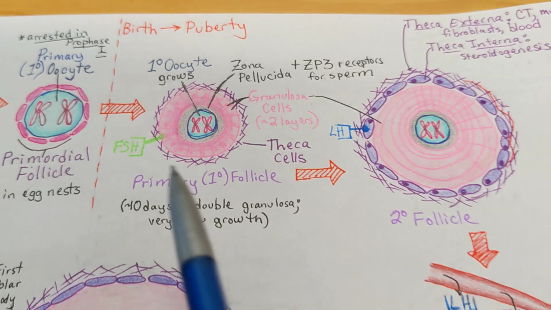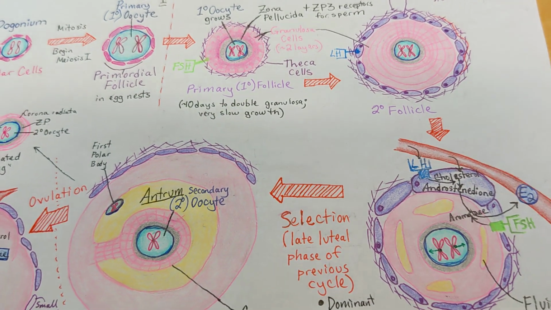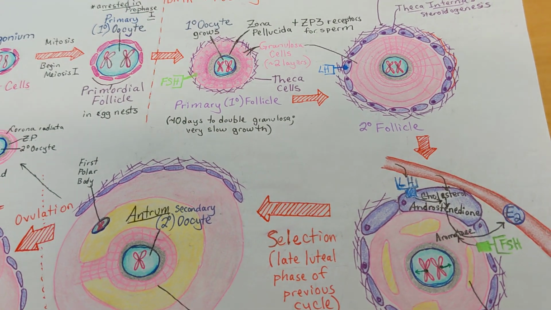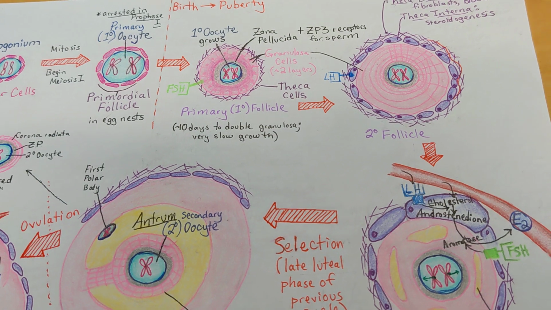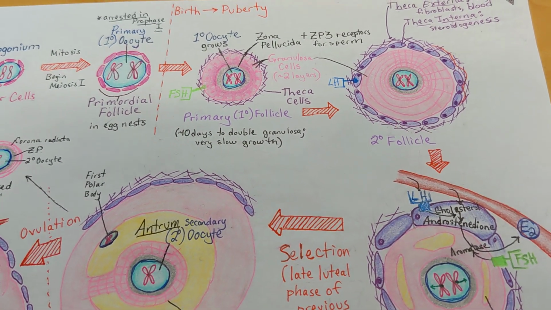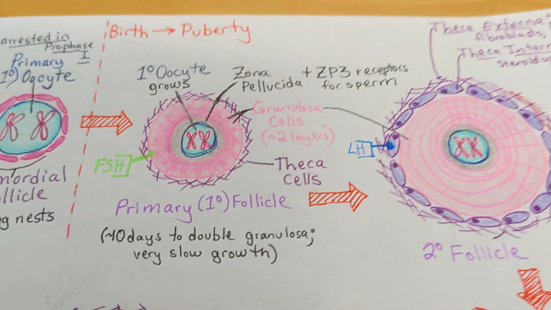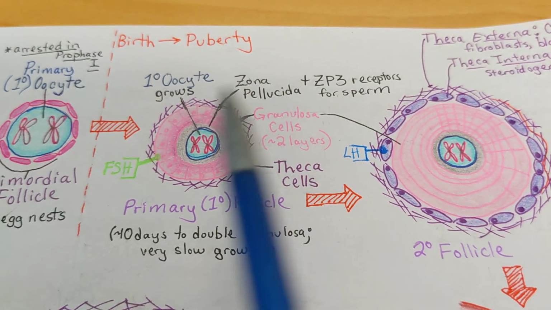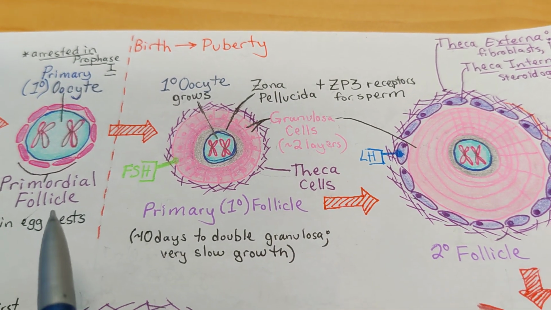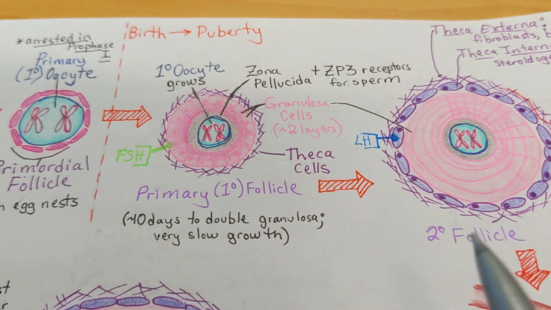Now, keep in mind that all of these different stages actually take quite a long time. So this takes months, even though we are going to abbreviate it and think about what is happening in each and every menstrual or ovarian cycle. So every month, a handful of primordial follicles are going to be recruited, and they are going to continue their growth.